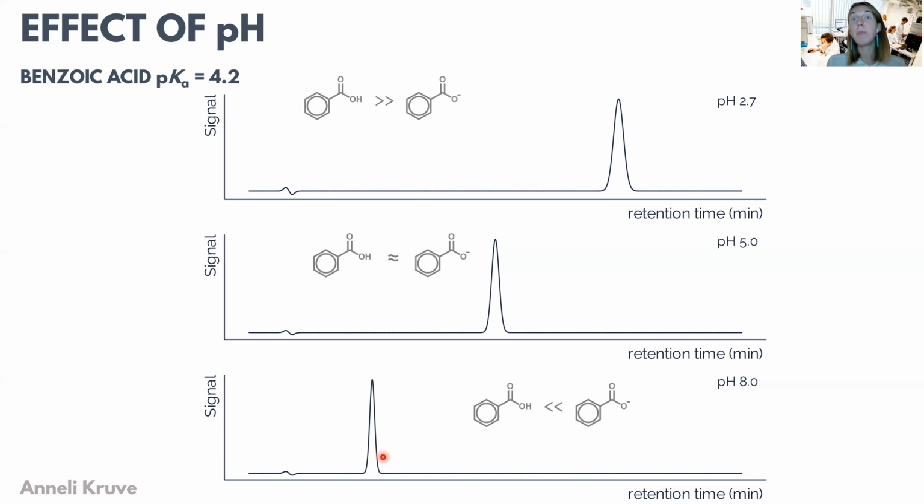So optimizing the pH of the mobile phase is one very crucial part when we optimize the separation of compounds in reverse phase chromatography, especially if our compounds have ionizable groups. If our compounds do not have ionizable groups, or the pKa's of all of our compounds are very similar, then this is not so important. But if they do and their pKa's are different or slightly different, then adjusting the pH is one possibility to achieve separation of our compounds.